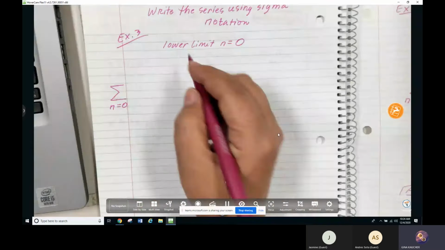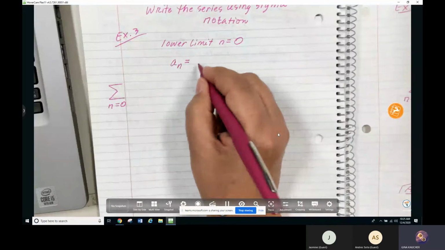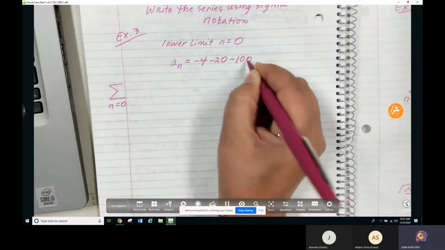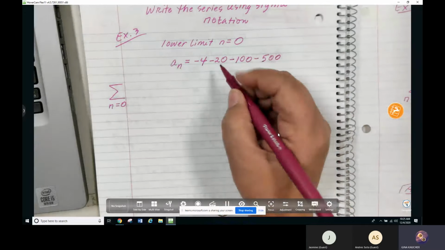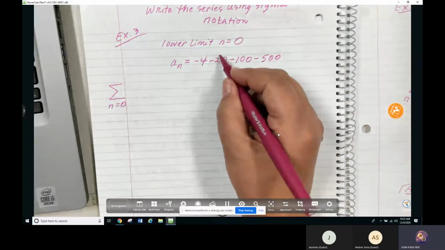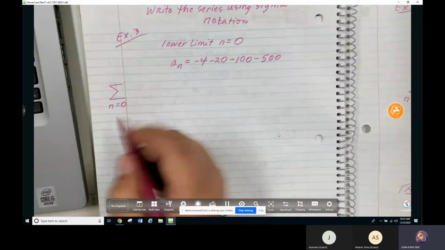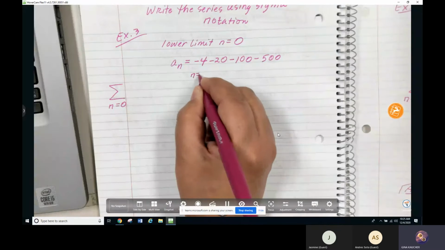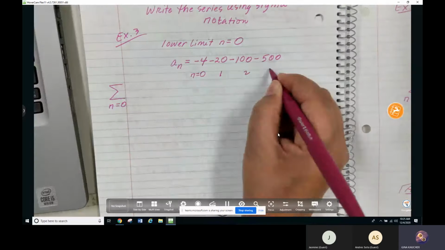So here is what your sequence is. -4, minus 20, minus 100, minus 500. So you know when you're subtracting, it's the same as adding the opposite, so it's still a summation. So they want us to start with 0. So this would be where n is 0, n is 1, n is 2, and n is 3.